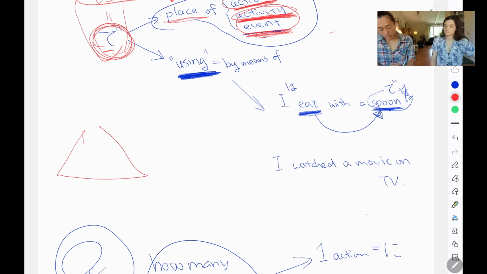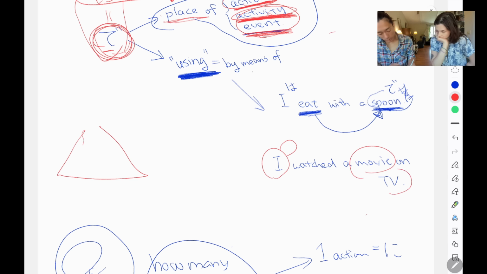Another example. For this one, movie, TV, there's two other nouns. Which particle for I? Wa. Movie, which particle? Object. Good. O. Yeah, movie is the one that you watched, so object o.